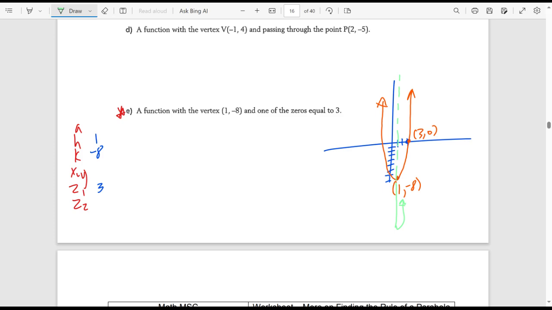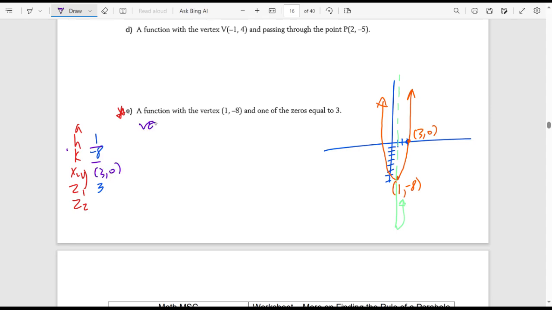So from here, when I go to try and solve this guy, the one thing I want to point out to you is that a zero can also be a point. If this is my vertex, (3, 0) is still a point on that line.